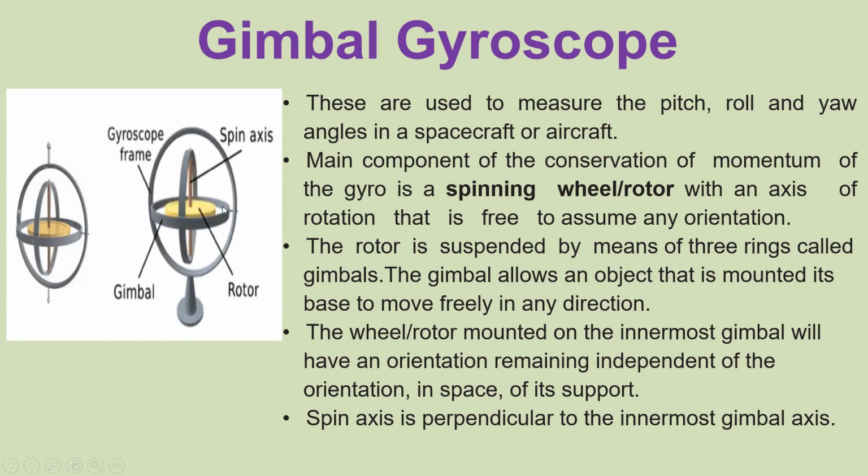So this ring is free to move around the outermost gimbal. This is the middle gimbal. This middle gimbal can rotate 360 degrees like this around these two hinges. That means this gimbal has 1 degree of freedom with respect to this one.